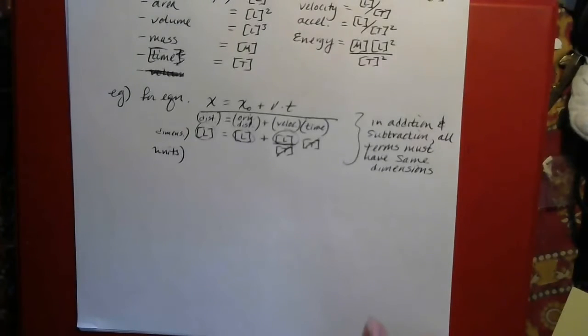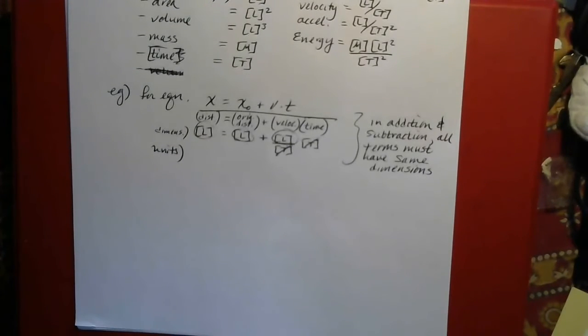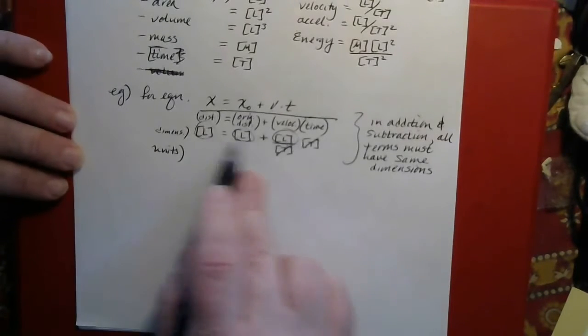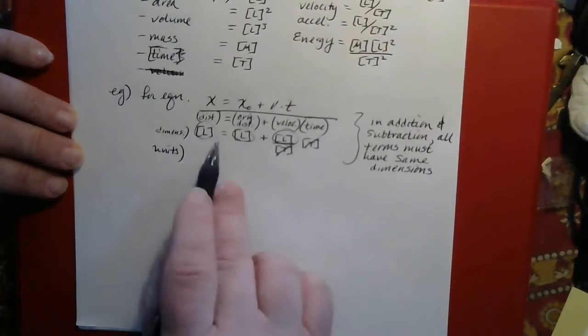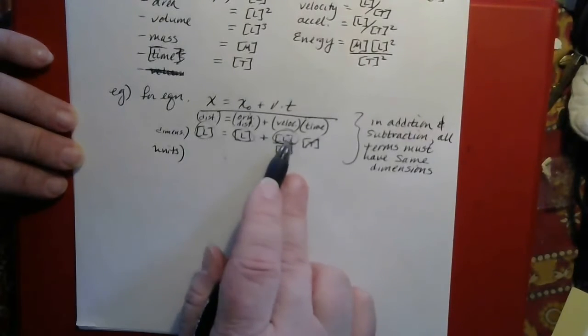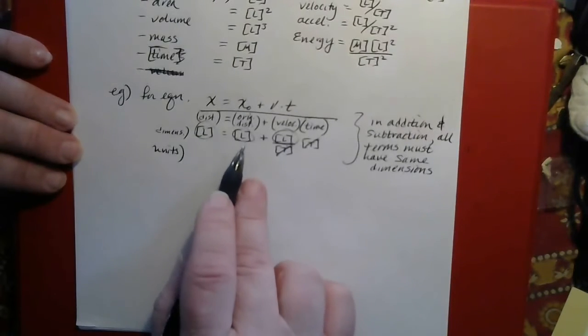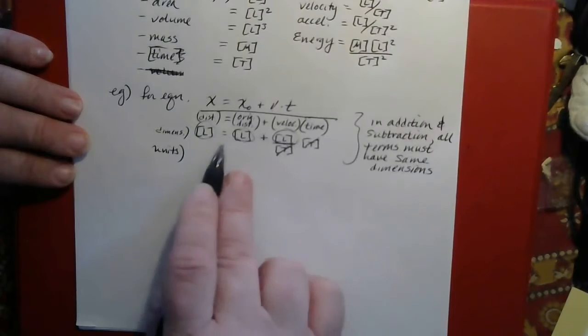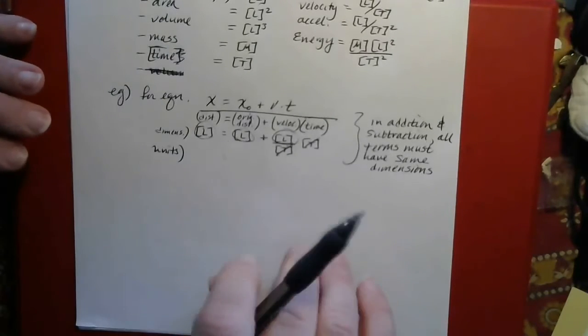Another way to look at it is with units, and in fact, I prefer to look at units because units are more specific. There are ways that you can go wrong by looking at an equation like this in terms of dimensions. For instance, you could make sure that all of the terms in the equation have units of length, but what if those are different units of length?